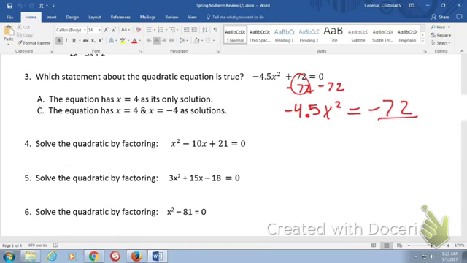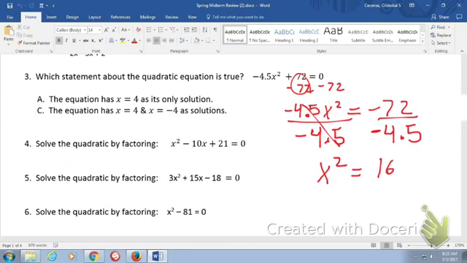Now we're gonna divide by 4.5. This goes to 1, so I have 1x squared, which we don't put the 1, is equal to, put it in the calculator, you should get positive, sorry, this is a negative, positive 16.